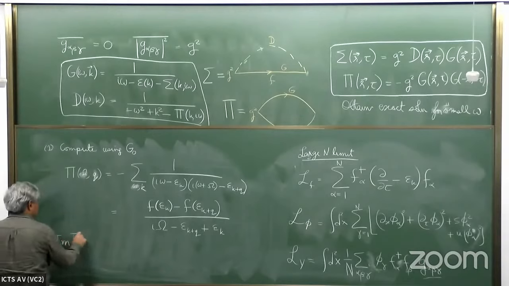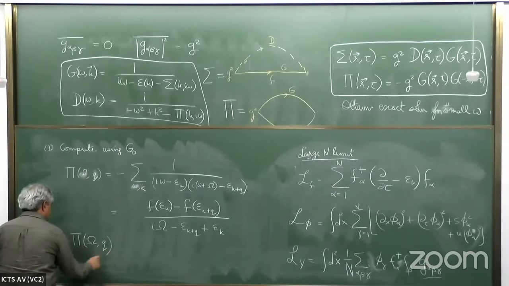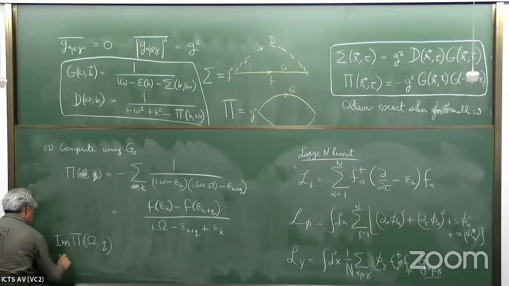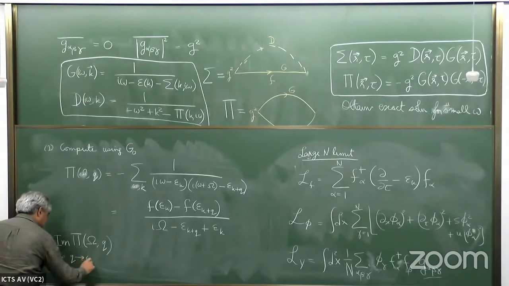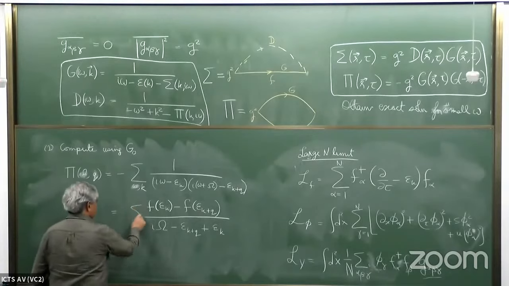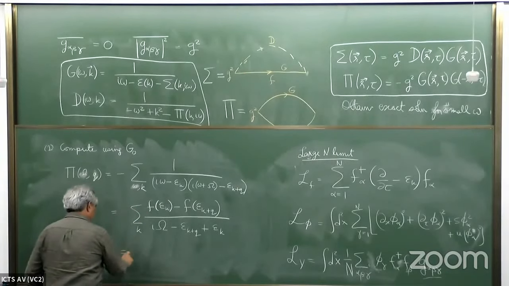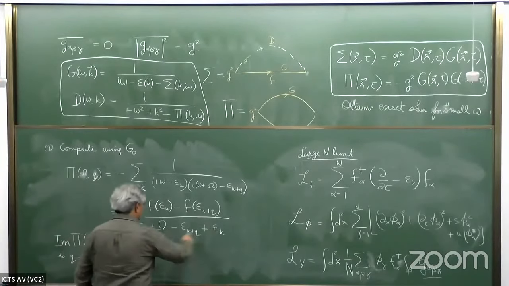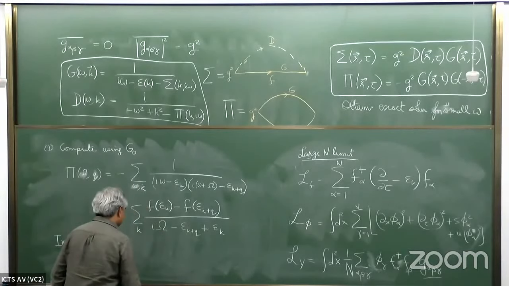The imaginary part, for real frequencies omega and Q, as Q goes to 0. So Q is small, and I want the imaginary part. There's a sum over K here. So I just take the imaginary part of the denominator, with the i eta in there.